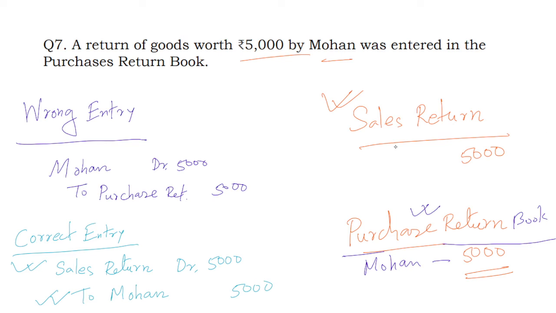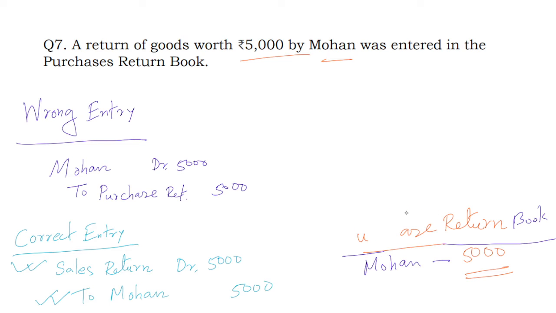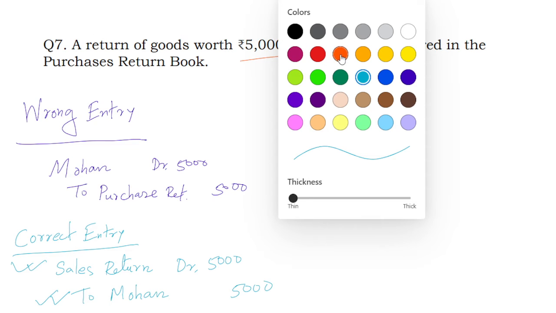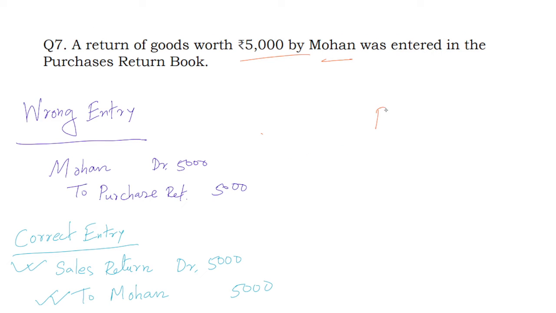Now I am showing you the rectification entry. If we combine these two entries, the reverse entry and the correct entry, together what will be the net entry?